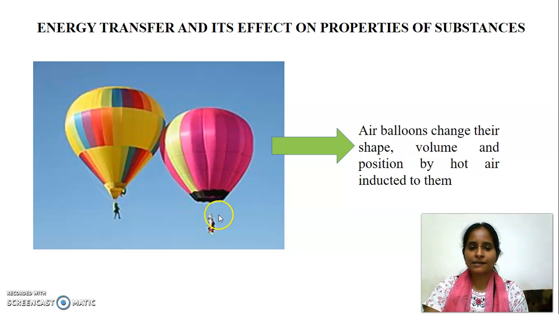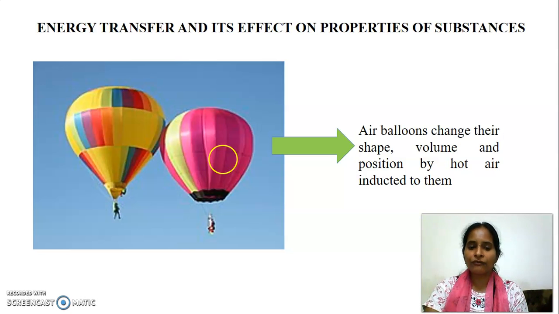Here is a very simple example: the air balloon. Without the supply of heat energy or hot gas, it would be like a cover lying on the ground like a bed sheet.